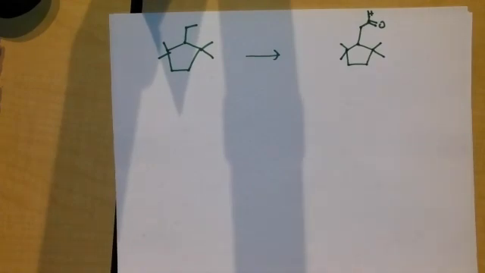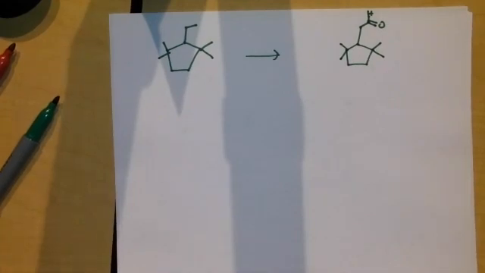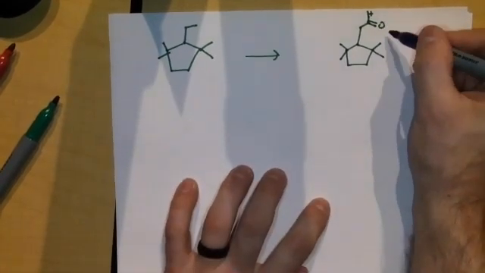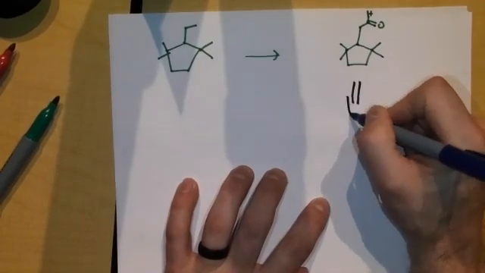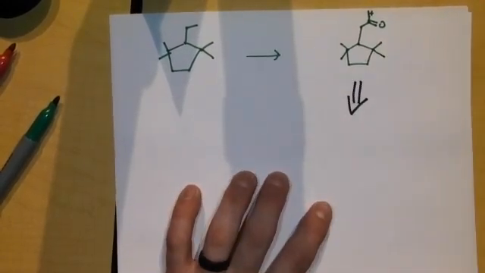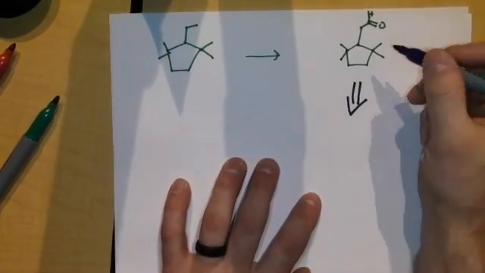If we're doing a retrosynthesis, we're just thinking, how can we go backwards? Like, what would make an aldehyde? And these are retrosynthesis arrows that go in the backwards direction.